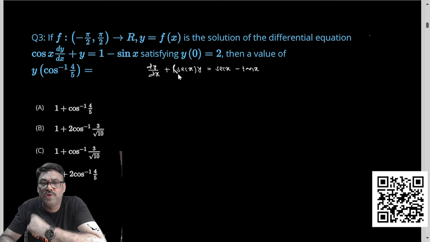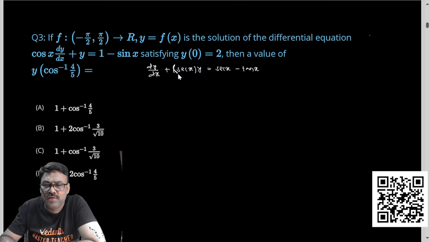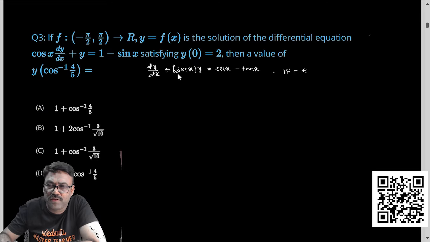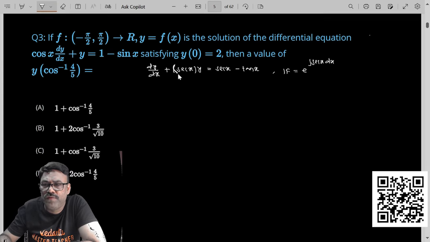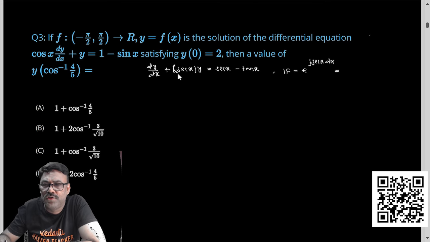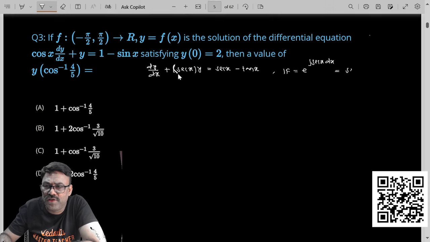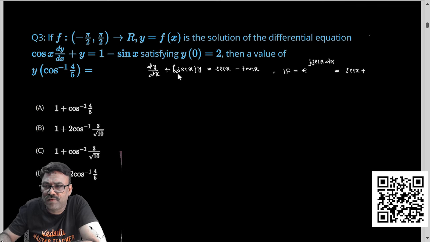Now you can see that it is a linear differential equation, dy by dx plus P y equals Q. If you find its integrating factor, it is e raised to the integral of secant x dx. If you solve it, you will get e raised to ln of secant x plus tan x. So basically the integrating factor is secant x plus tan x here.